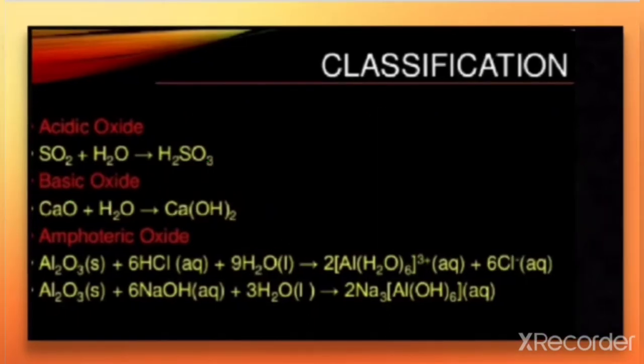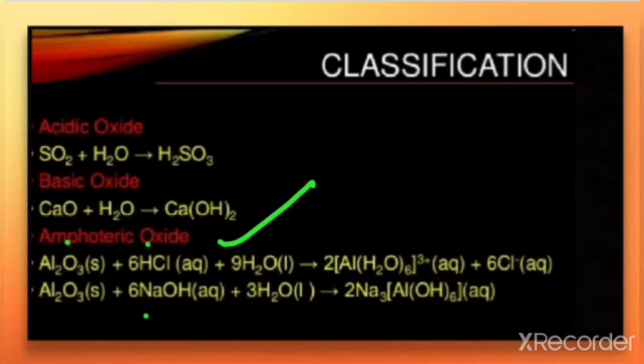But there are some oxides which exhibit both acidic and basic character. Such oxides are called amphoteric oxides. They show characteristics of both acidic as well as basic oxides. Example: Al2O3, which can react with acid as well as with a base.